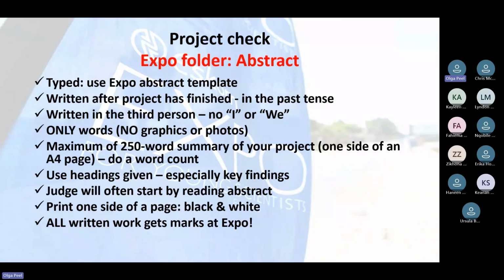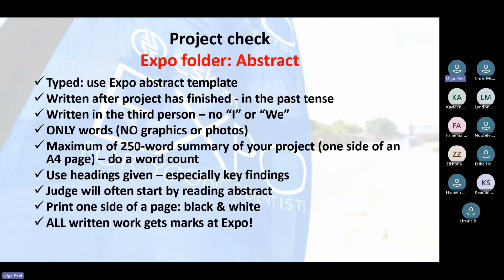Now, this is a completely new document. It's done right at the end of the project, so it's one of the last things you do. It's written in the past tense. It's only words. No pictures, no photos, no sketches, nothing. It's a maximum of a 250-word summary of your project, and I would suggest you do a word count.